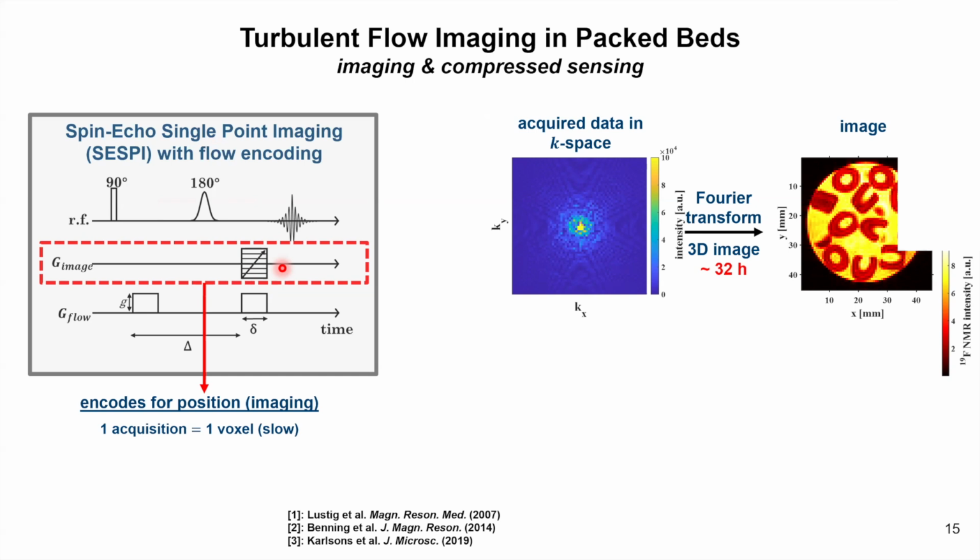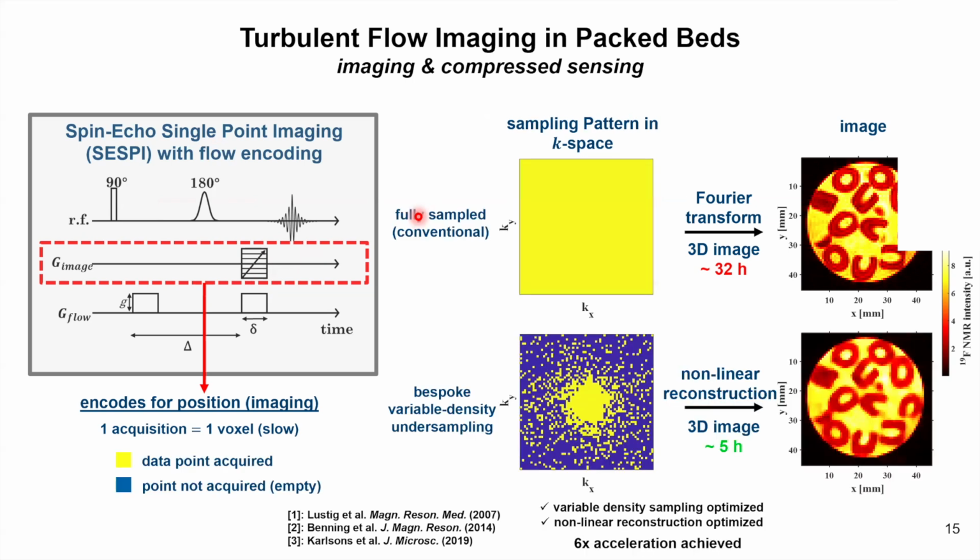It's in 3 dimensions. It's taking a while, but particularly because it's 3 dimensions without a read gradient, you can make the most of compressed sensing. So instead of acquiring all the data points, we acquire just a subset, around 15–16% of them. We use a bespoke sampling pattern based on the type of structure that we're expecting, which cuts our imaging time.